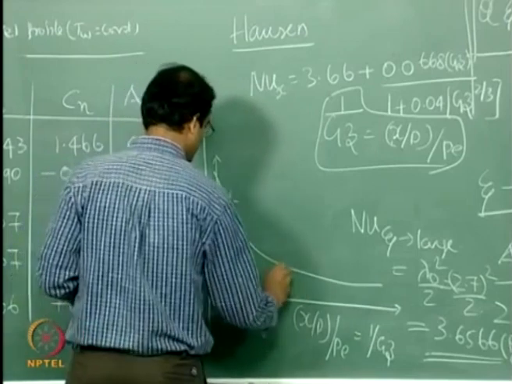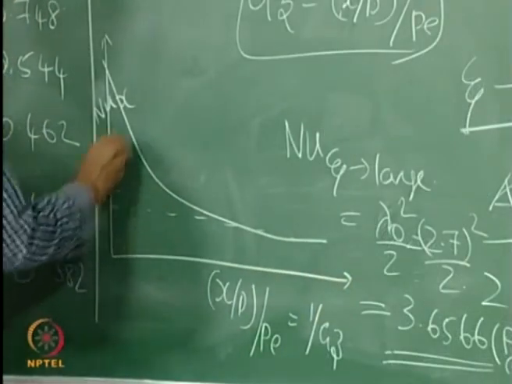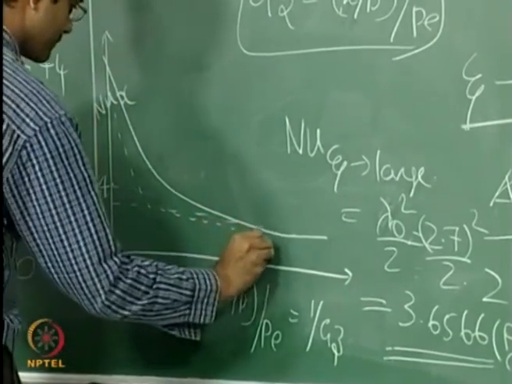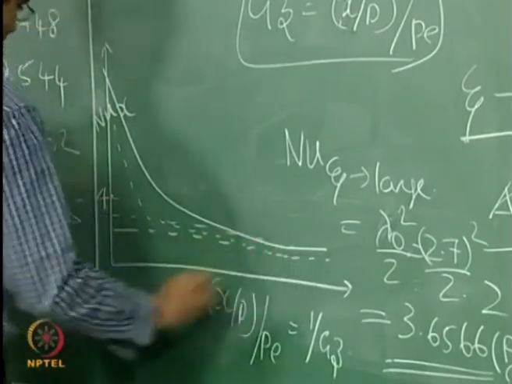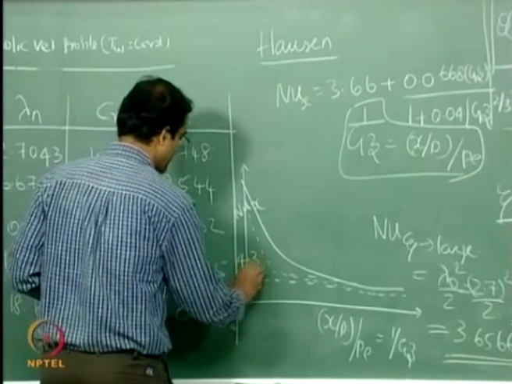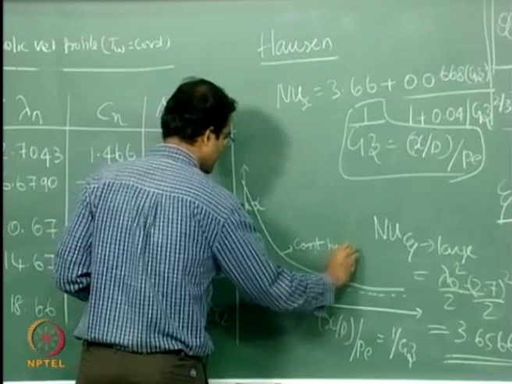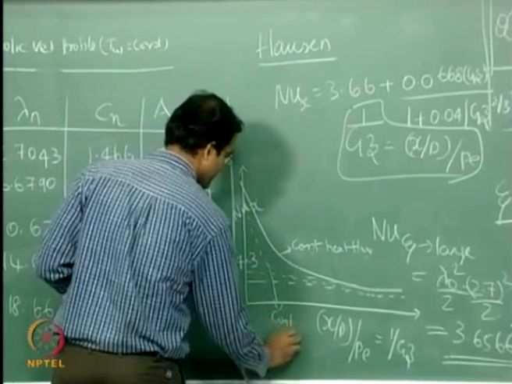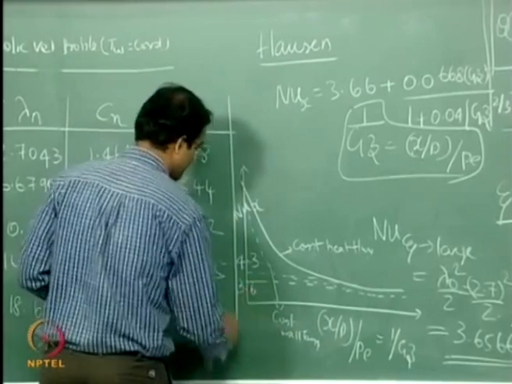Anybody remember what is the asymptotic solution? 4.3, roughly. This is for the constant heat flux, and this dotted line here is for constant wall temperature, and the asymptotic case leads to the value of 3.6.